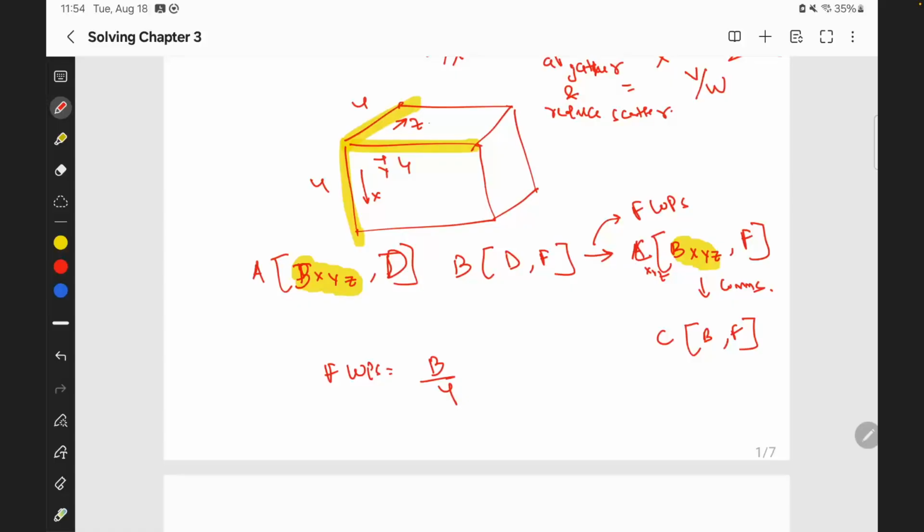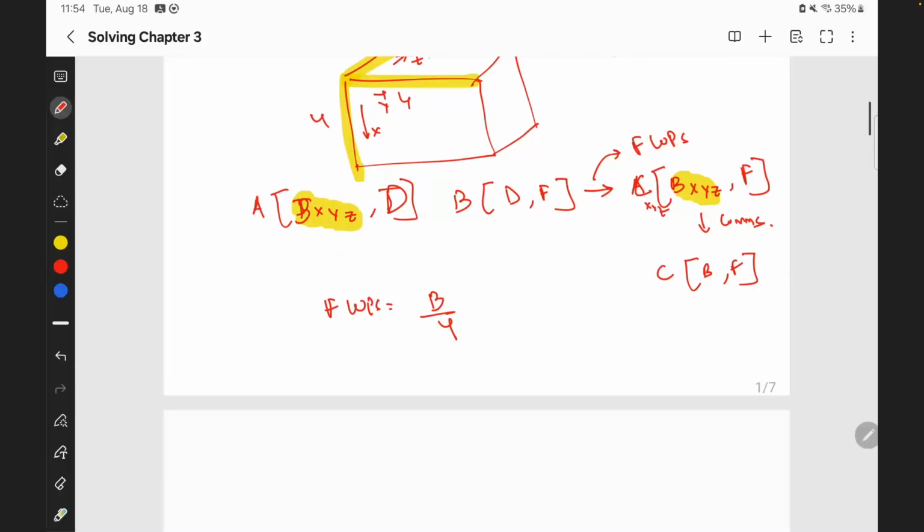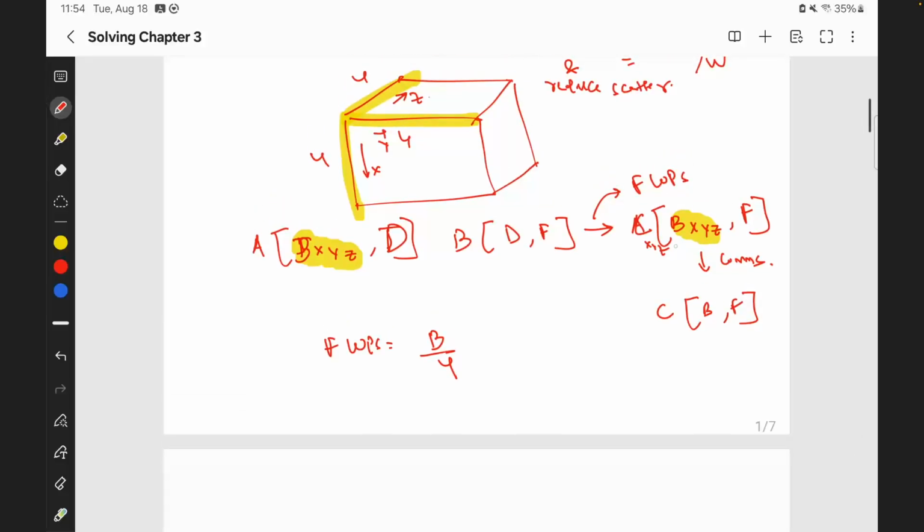And now, as all of these are sharded, for each device you only have a partial b, so you will be only doing operation for that shard in that device. So for this device you would only have, say, b by 4 comma d and d comma f.